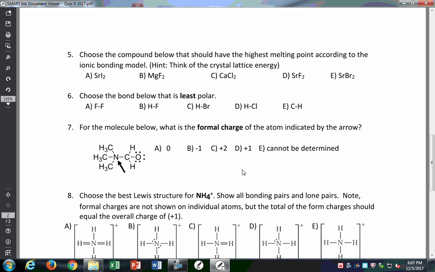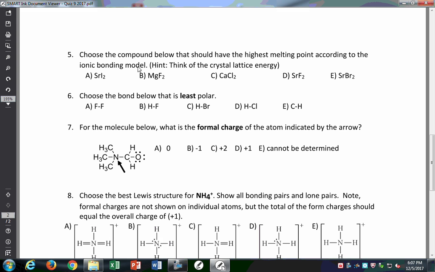So the question is, what's the smallest atoms that we have? Because they're going to be able to get closer. So we're looking at our halogens. Fluorines are our smallest halogens, so we can just cross out everything else besides B and D, because all those other halogens are bigger. So they're not going to get as close.